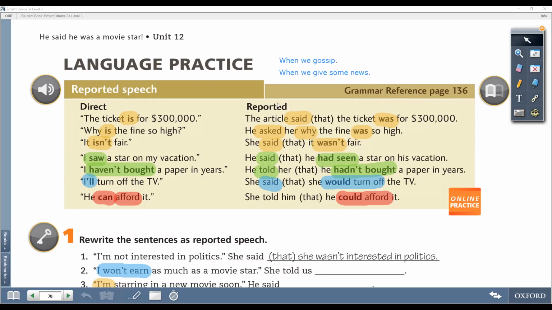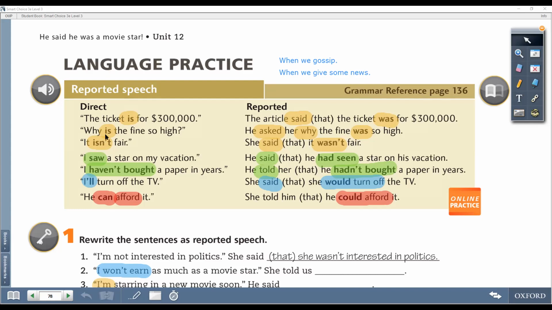So then when we report, we can say the article said that the ticket was for $300,000. What changed here? First, we have to say the verb in the past. The article said. And then when we do that, we need to automatically change the verb. Instead of is, the verb becomes was. So from present to past.